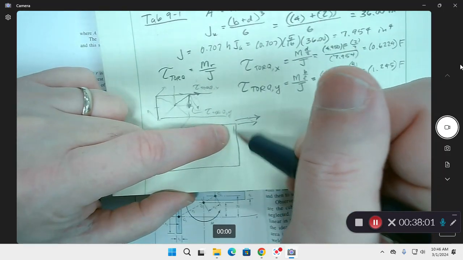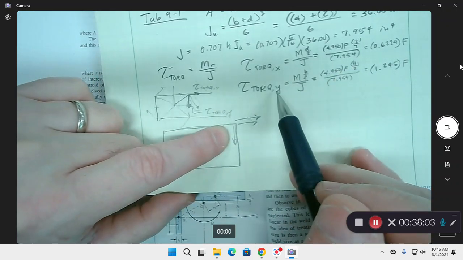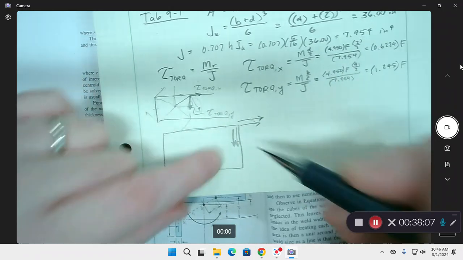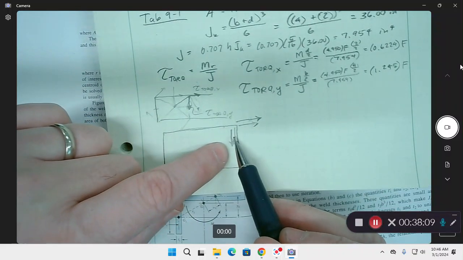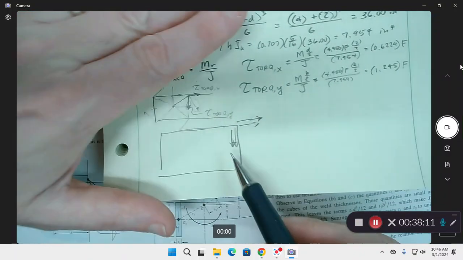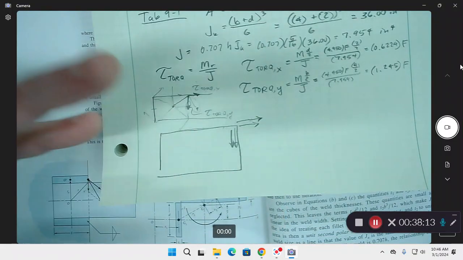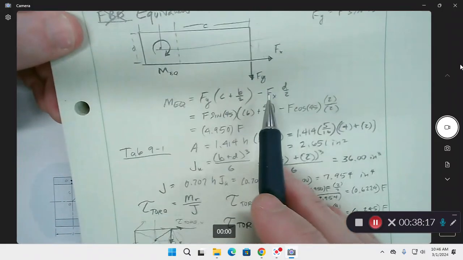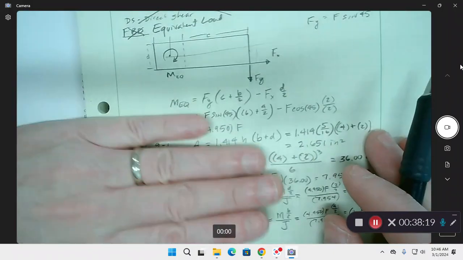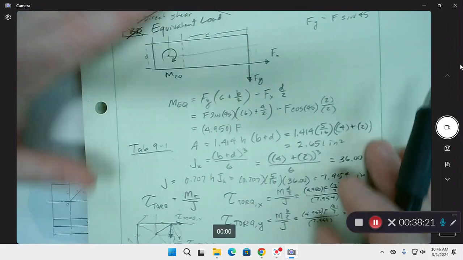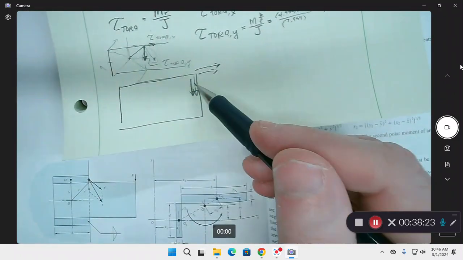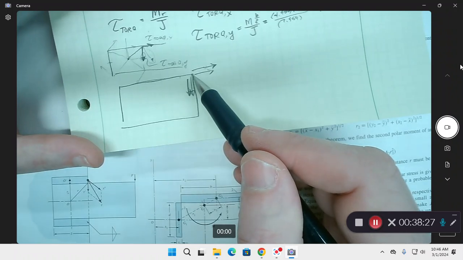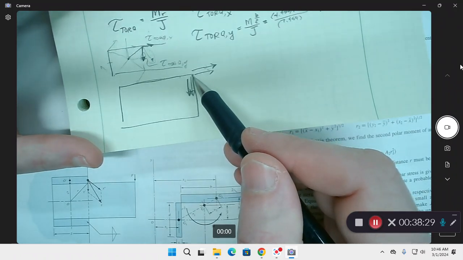Down here, the torsion one we just found is going to be in the same direction as the one due to the direct shear, which is trying to push this thing down. I don't have great names for this. The vertical component that is making this shift down will add to that right there. I think that makes this corner the worst spot, right?